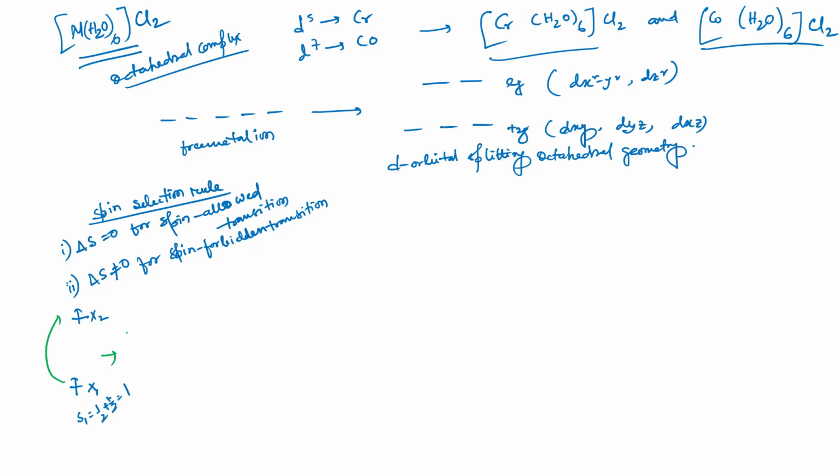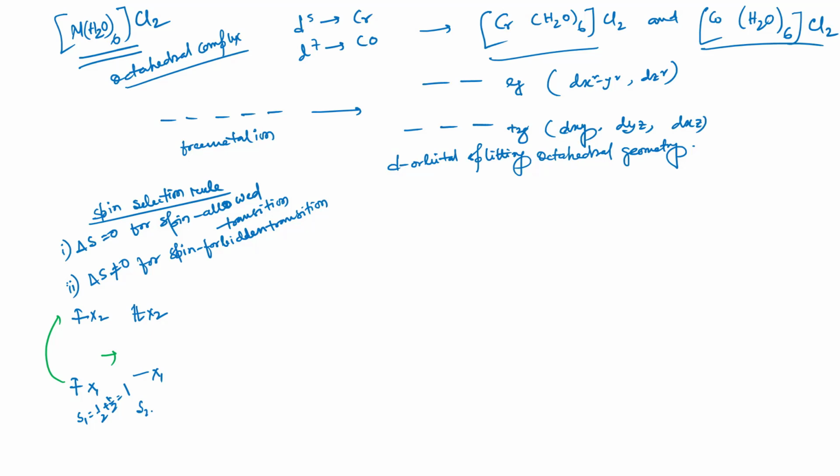The configuration will become like this: x1 becomes empty and x2 has a pair of electrons.